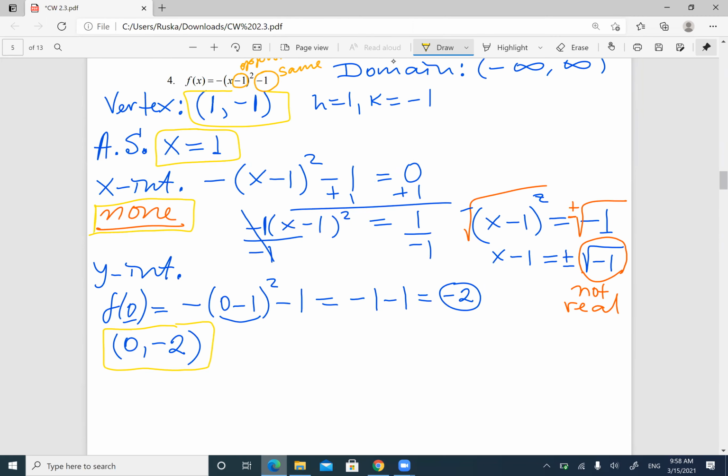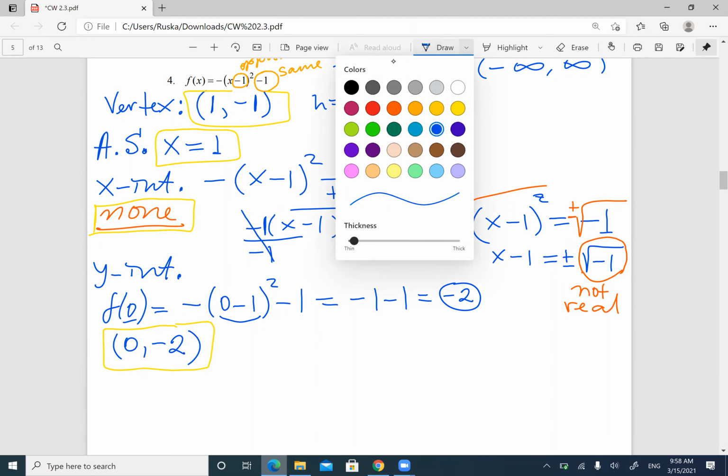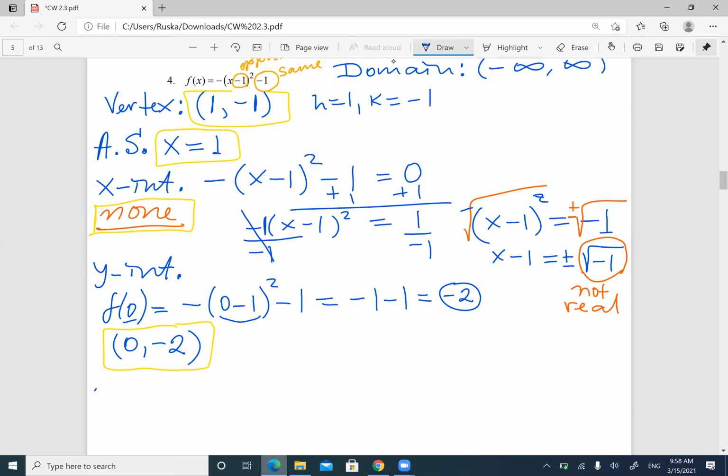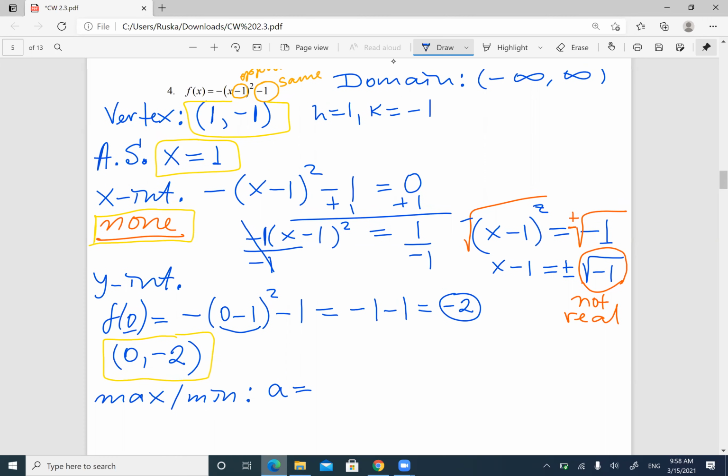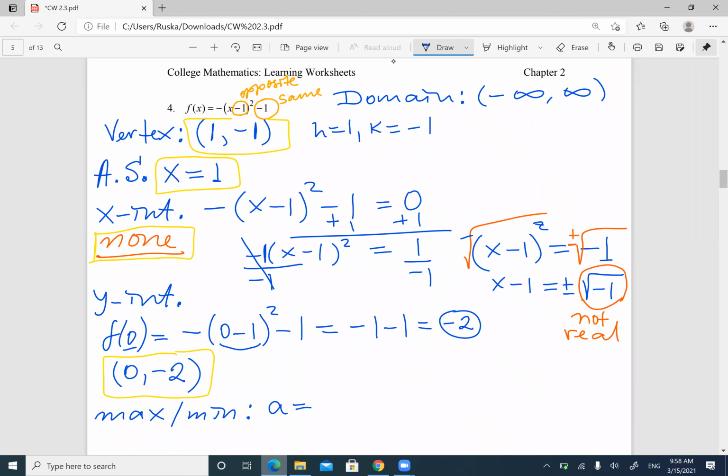Okay, so looking at my function, I need to find the maximum or minimum. What do you think we have? What is A? Can you see the A? A is the number in front of the square. What do you have in front of the parentheses? -1, that's right.